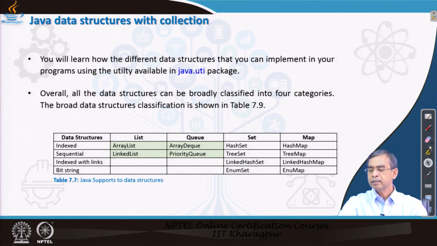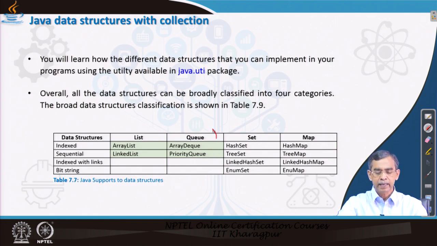They can be categorized as either indexed or sequential. The ArrayList class is an indexed type to maintain an array of elements. The LinkedList is a sequential type. ArrayList is an indexed form. ArrayDeque is again an indexed representation, and PriorityQueue follows the sequential representation.